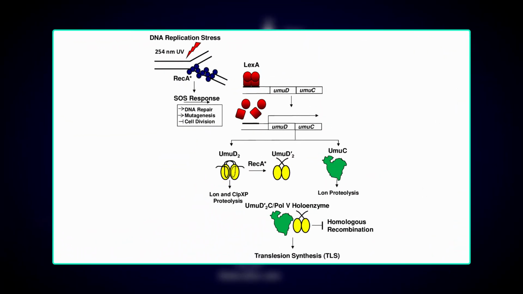These random nucleotides are usually mutations, that is, in 3 out of 4 times. Hence, this process is also designated error-prone repair. Translesion synthesis uses the products of the UmuC and UmuD genes.